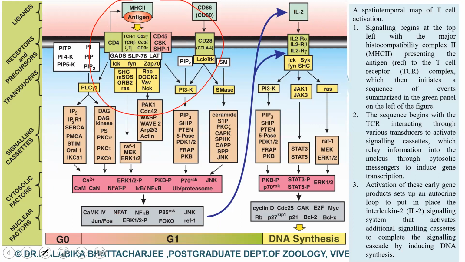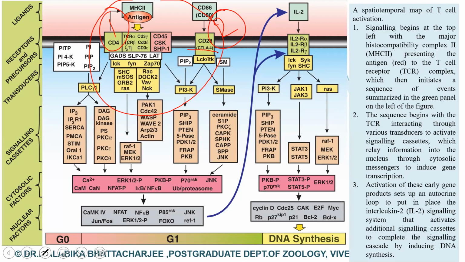Keep in mind, I just said that this is signal 1: MHC antigen recognition by the CD4 TCR CD3 complex. This was signal 2, which occurs via the CD80-86, CD28, CTLA4 complex.